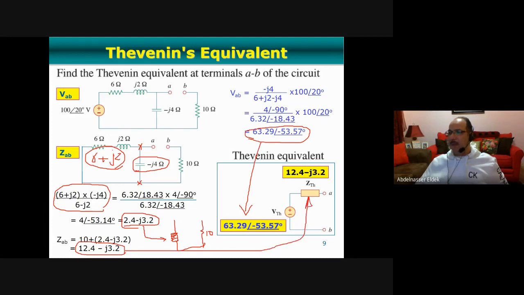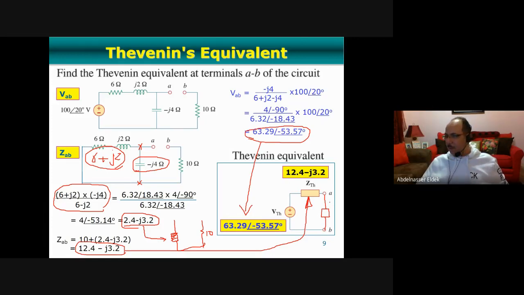And as I said before, if you have to find, for example, the maximum power transfer, or what is the load that will give you maximum power transfer, it is a load between A and B which is the conjugate of Z7. So it's supposed to be 12.4 plus j3.2.